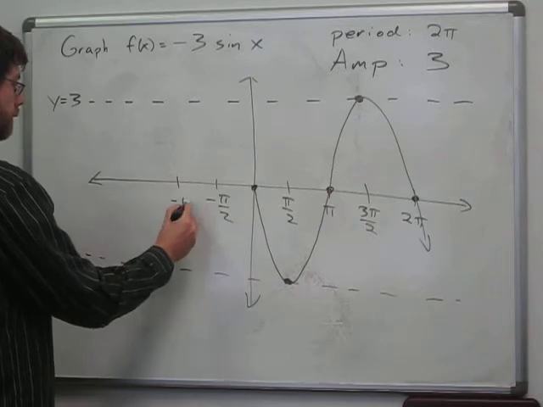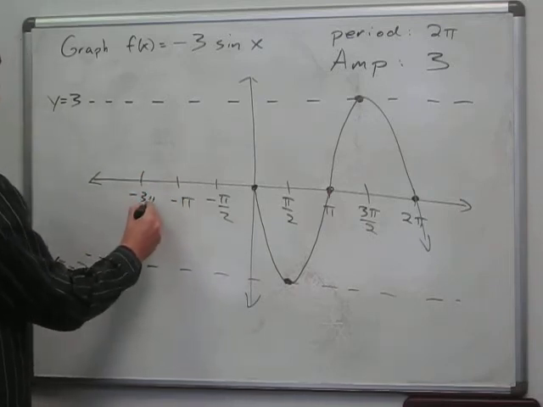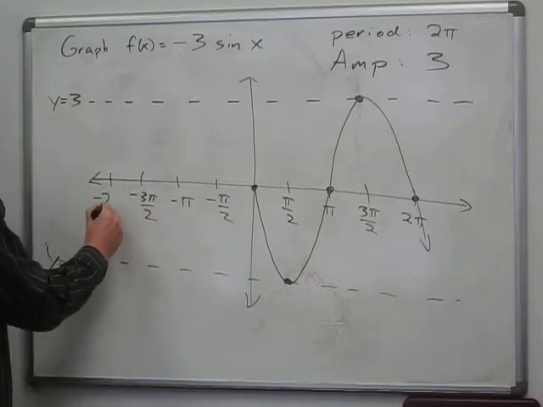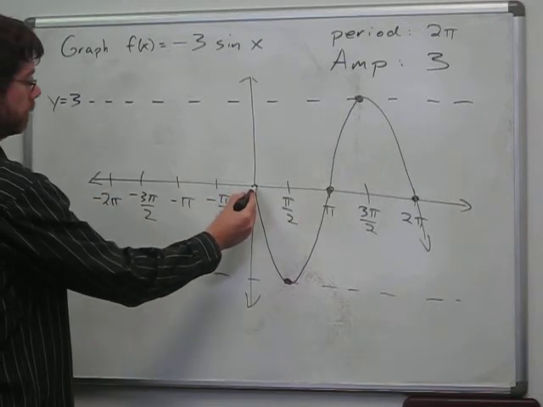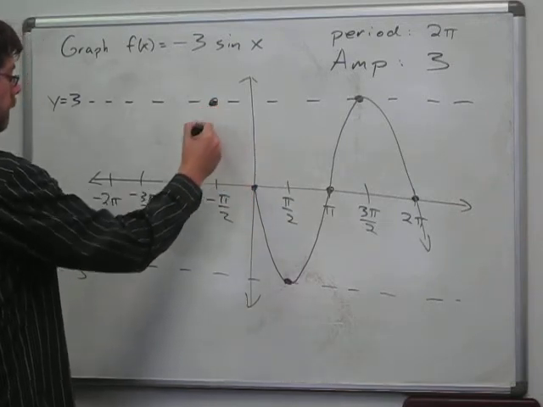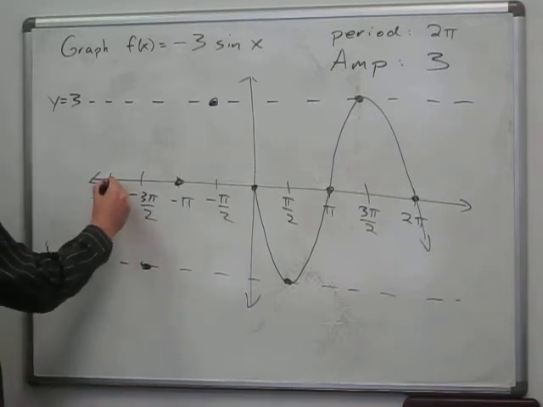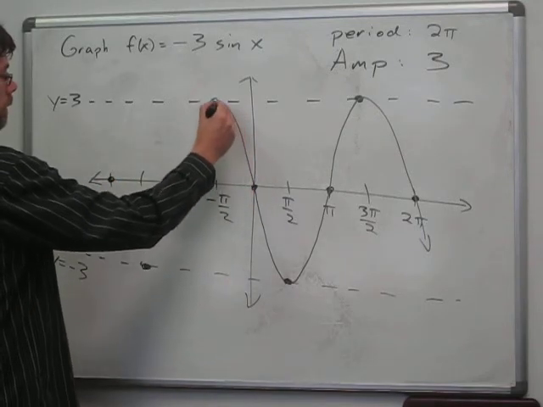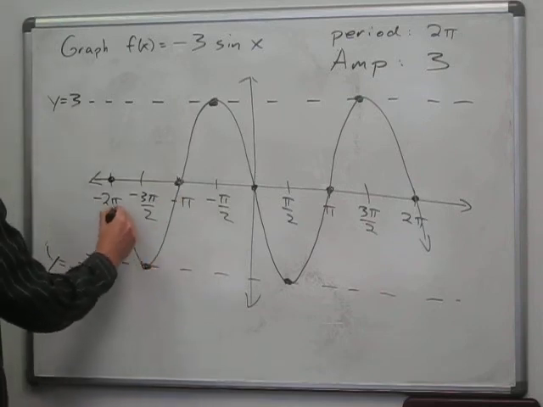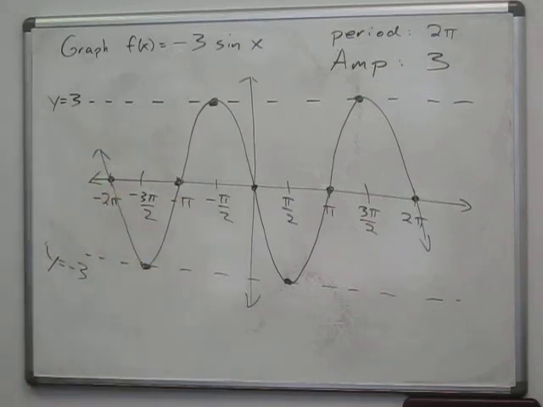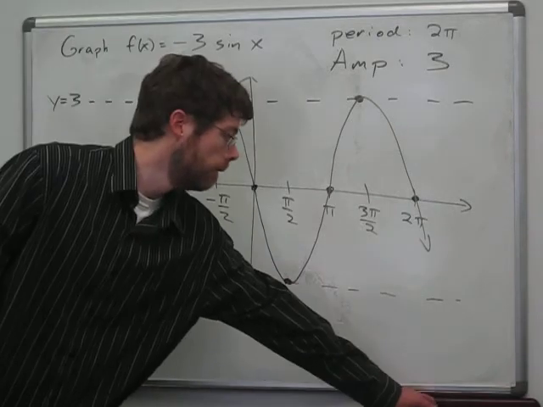And let's put down the left side as well. And so from here, we're going to go up, back down to 0, down to -3, back up to 0. Okay. So there's the graph of -3 sine of x.